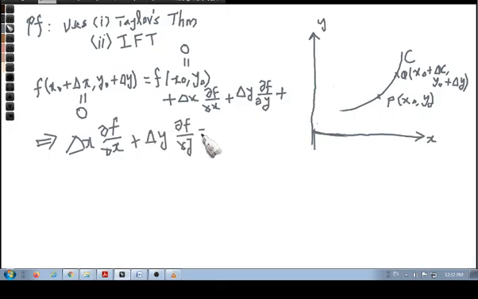This means that the vector (dou f by dou x, dou f by dou y), which is precisely del f, the gradient of f, has inner product with (delta x, delta y) equal to 0.